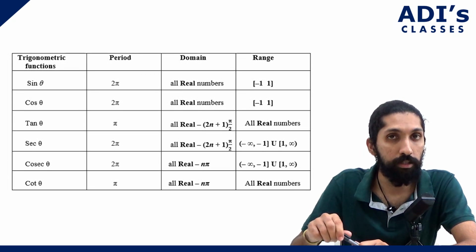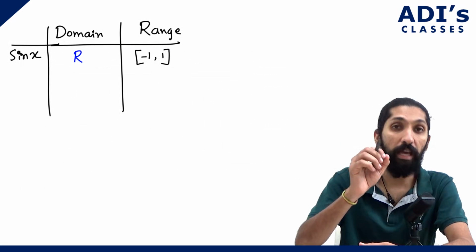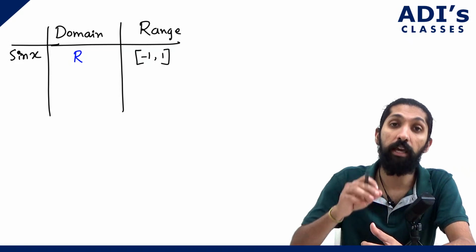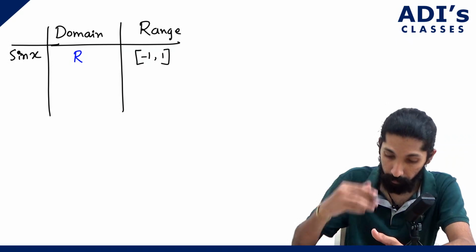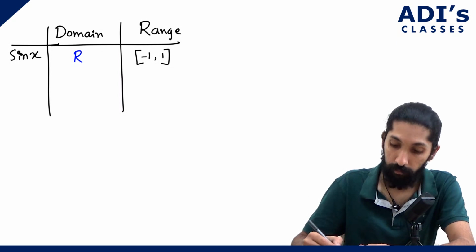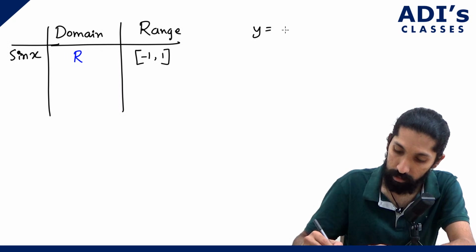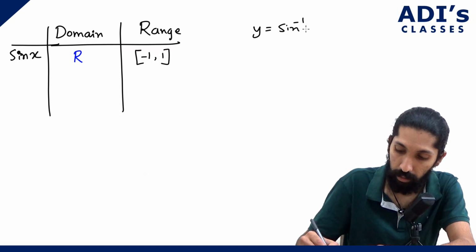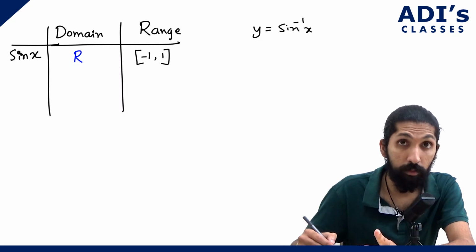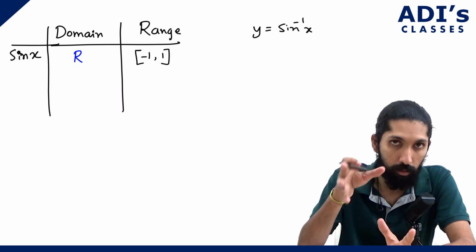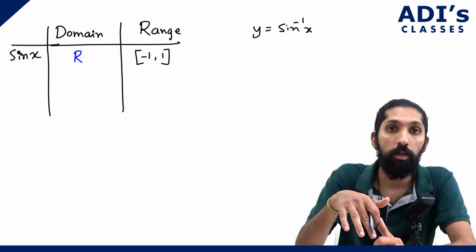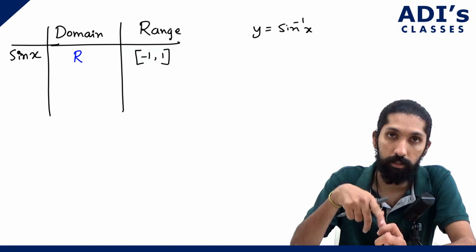Now, inverse trigonometric functions. Again, we'll start with the most basic one, the sine inverse function. Suppose we have y is equal to sine inverse x. You know that for a function and its inverse, the domain and range interchange, correct?